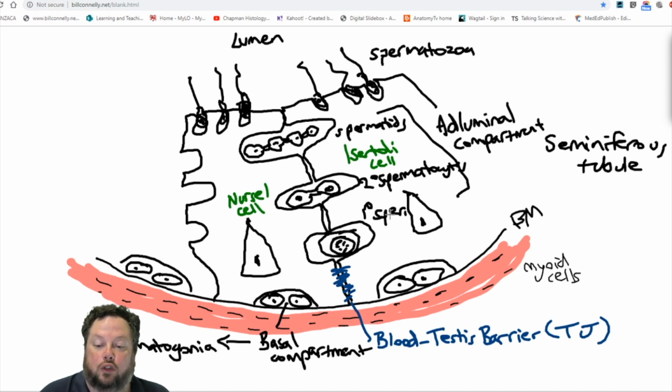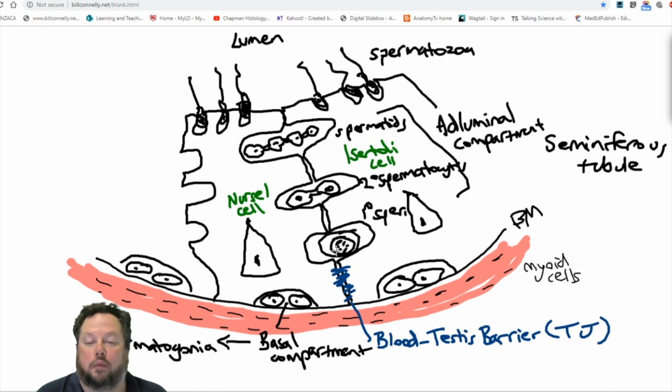So housed within the adluminal compartment, we have our primary spermatocytes, our secondary spermatocytes, and our spermatids. When these spermatogonia undergo mitosis and one of those differentiates and becomes a primary spermatocyte, part of that maturational process involves pushing past this blood-testis barrier and moving from the basal compartment into the adluminal compartment.